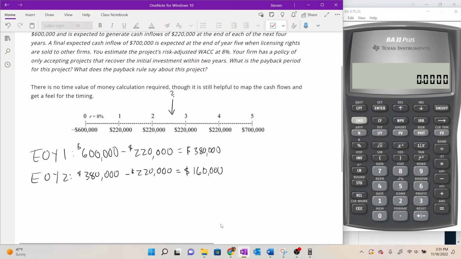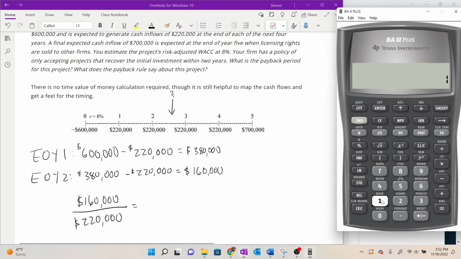And we're just going to do a simple division: the amount left to recover, $160,000, divided by the amount that's coming in that year, to figure out how far through the year we need to go before we actually recover that full $160,000. So what we're really doing is just looking at what portion of $220,000 does $160,000 represent. So we'll type that in and see what we get.